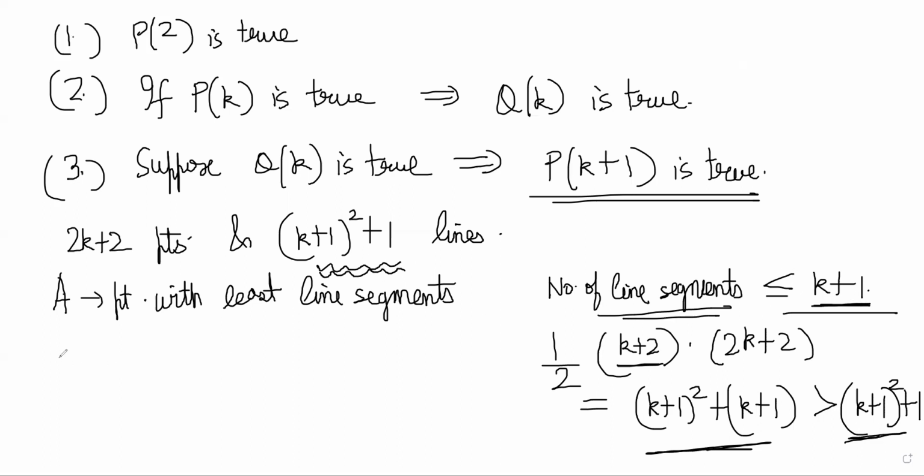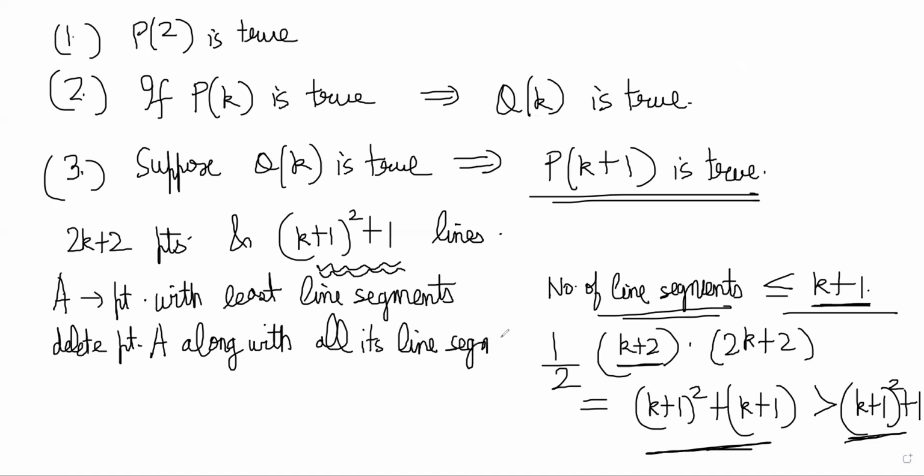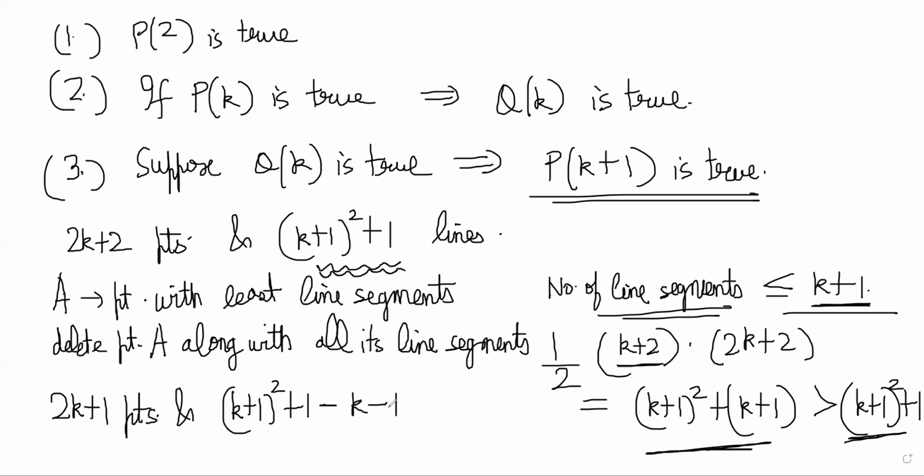And now we'll do the same thing. We'll delete point A along with all its line segments. So if you delete the point A and all its line segments, you'll end up with 2k plus 1 points. And how many line segments? You will have k plus 1 whole square plus 1 minus k minus 1, right?